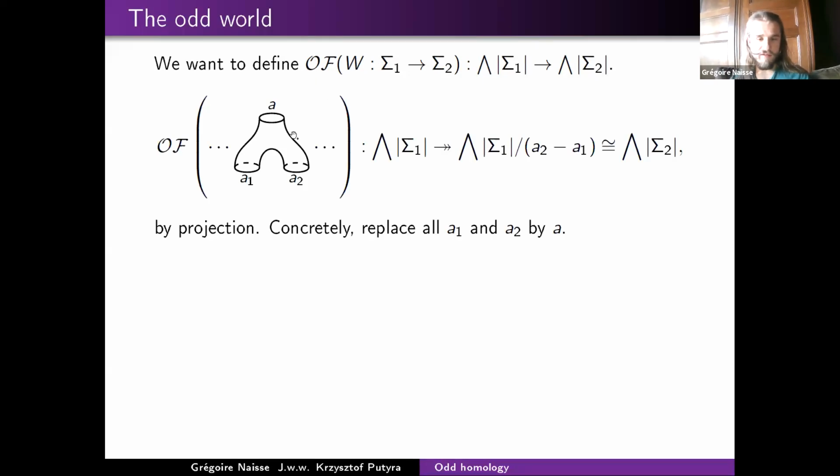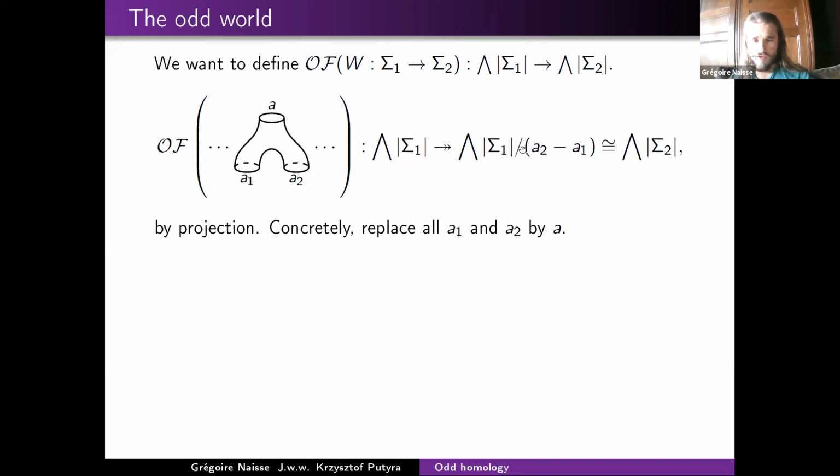So let's say we have a merge like this. At first I will put some labels on the components, because these labels will tell me the names of the variables in my exterior algebra. And here I will assume that this pair of pants is inside a bigger cobordism, which is the identity everywhere else. And I identify the labels of the variables in Sigma 1 and Sigma 2 outside of this picture.